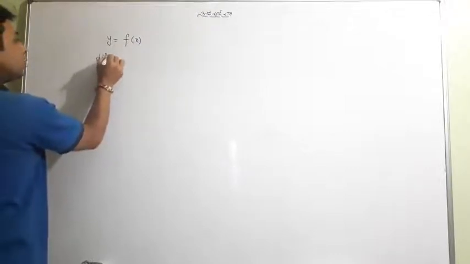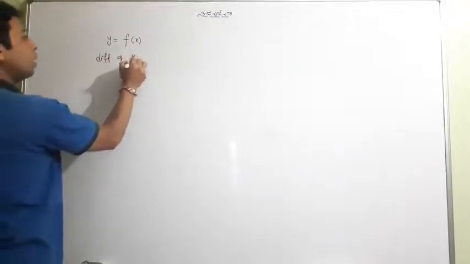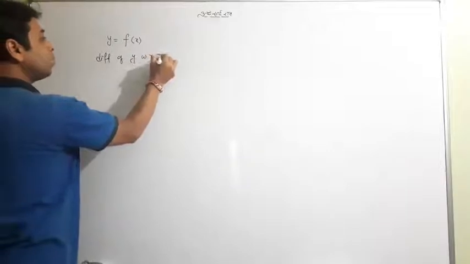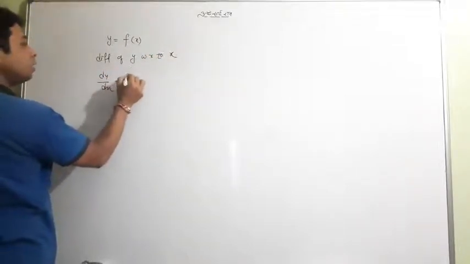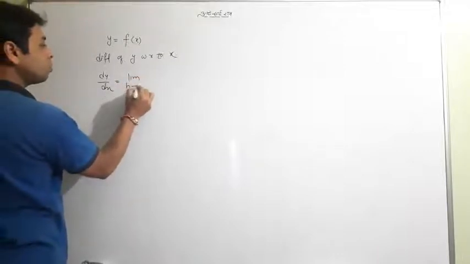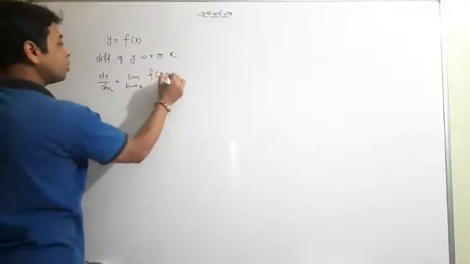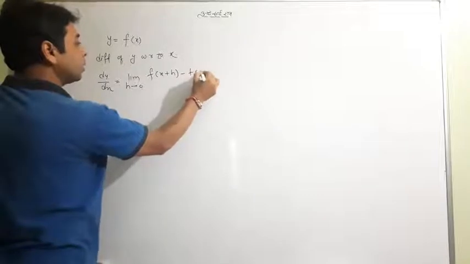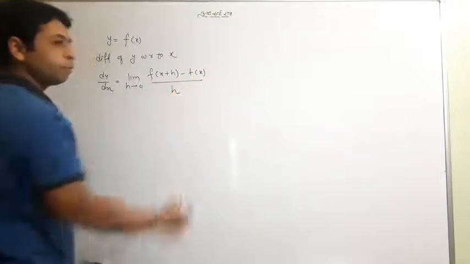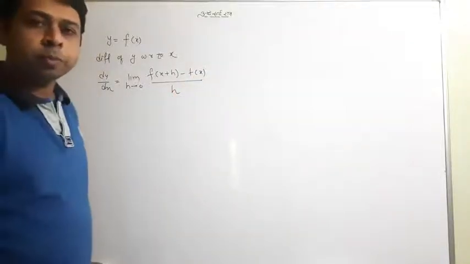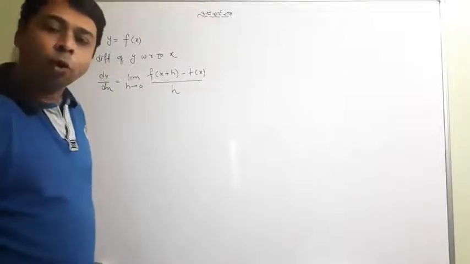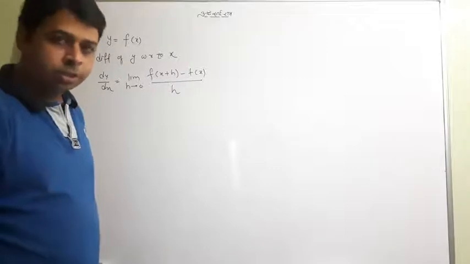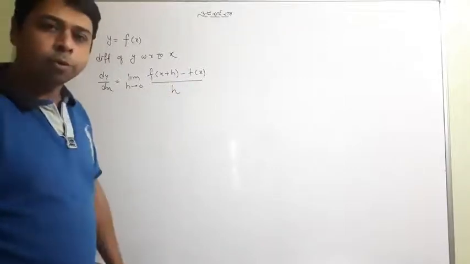So differentiation of y with respect to x, dy by dx, is equal to limit h tends to 0 of f(x plus h) minus f(x) upon h. This is the first principle. And you remember that we derived all the formulas last year by this particular formula.